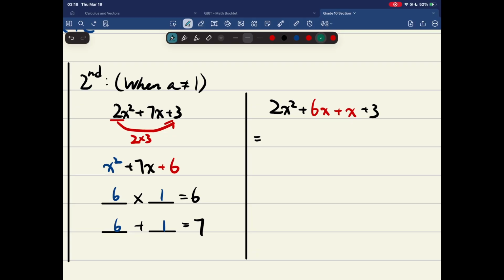And this will equal, if you factor it out, 2x in front, bracket, x plus 3, close bracket.